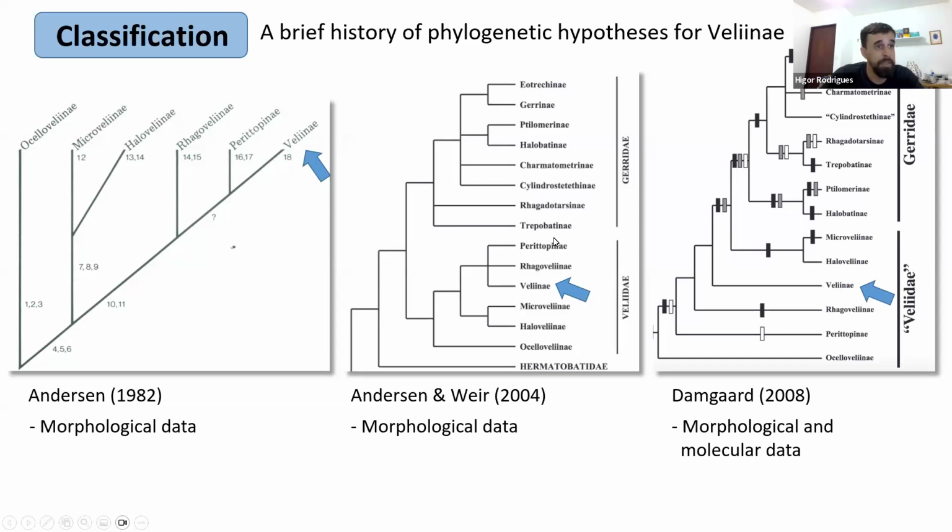Four years later, Damgaard proposed a hypothesis with morphological and molecular data and did not recover the family Veliidae as monophyletic, with two subfamilies, Microveliinae and Haloveliinae, closer to Gerridae than to other Veliidae. But in this case, the authors were conservative and did not make taxonomic changes.